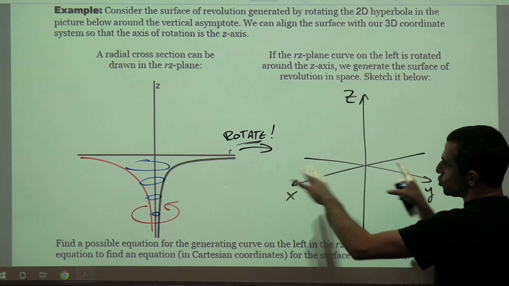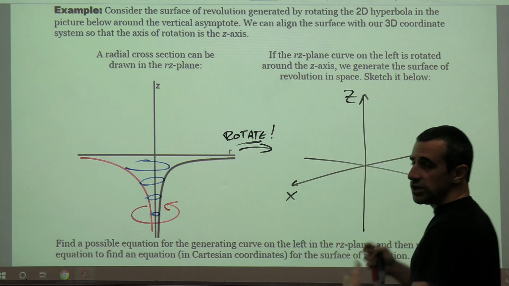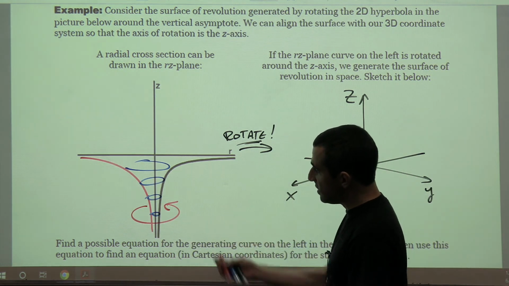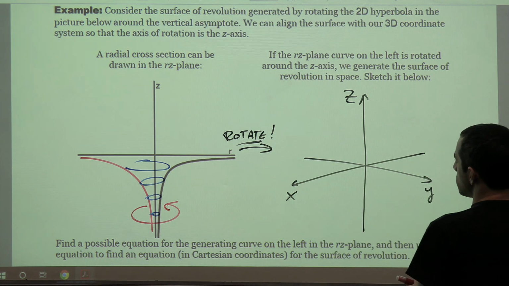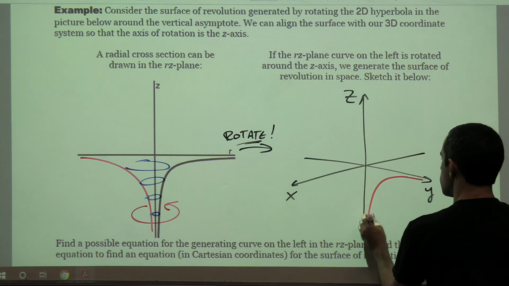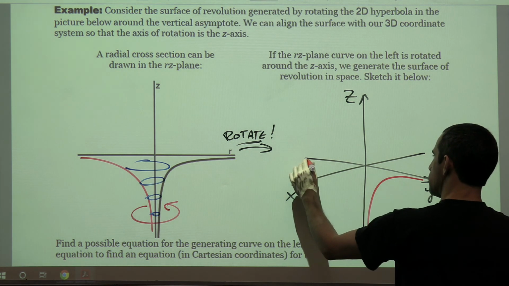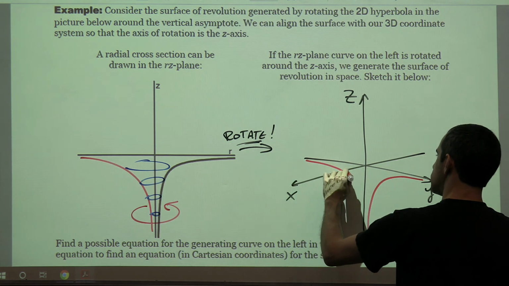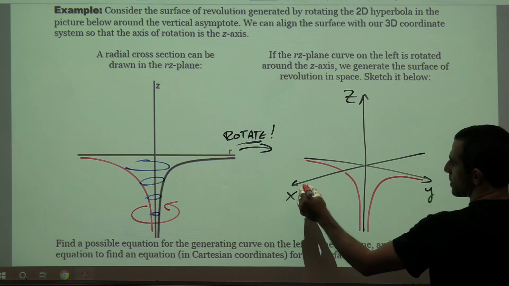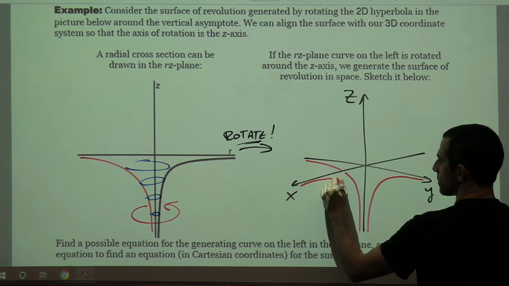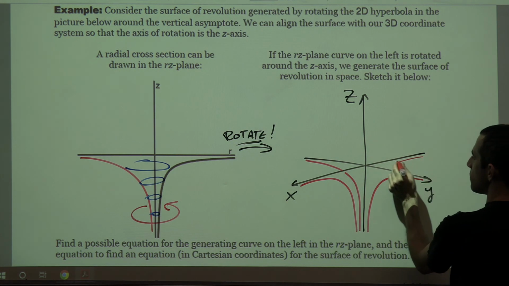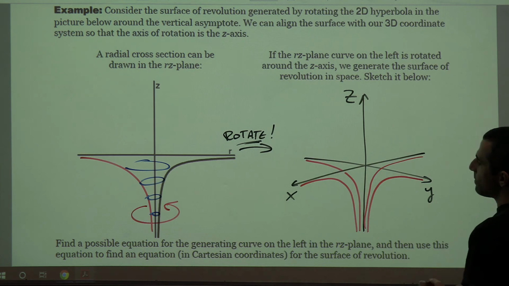And the way that you draw the surface is just make a few radial cross-sections and then make the horizontal cross-sections based on these circles. So one cross-section, for instance, would be this cross-section here. And then we've got another piece on the other side going like this. And then we've got another radial cross-section going this way, like that. And then another piece on this side, like that.